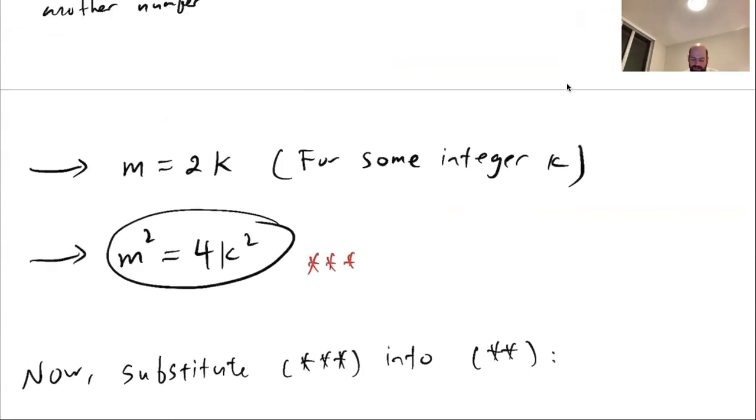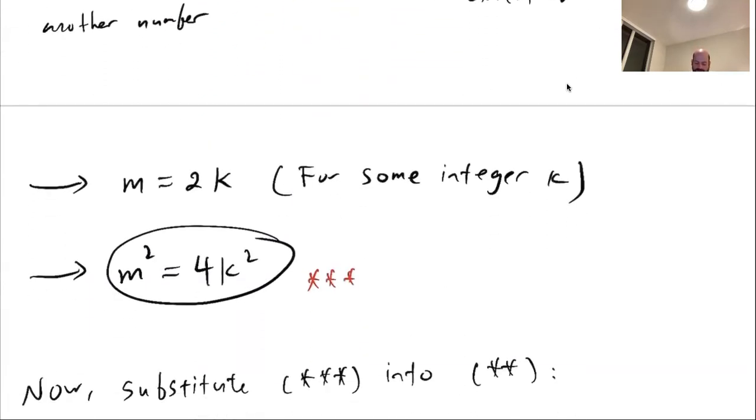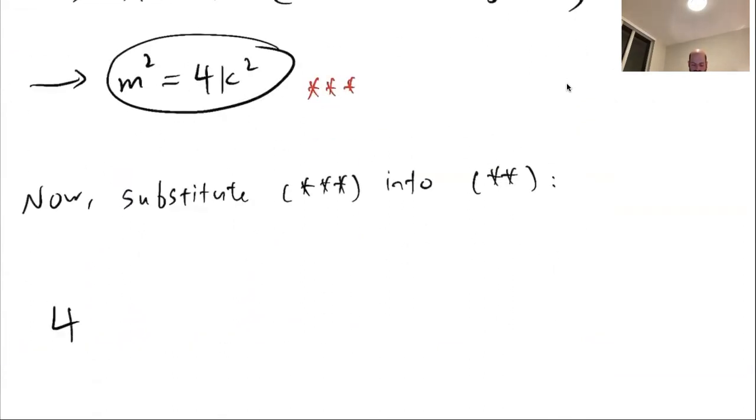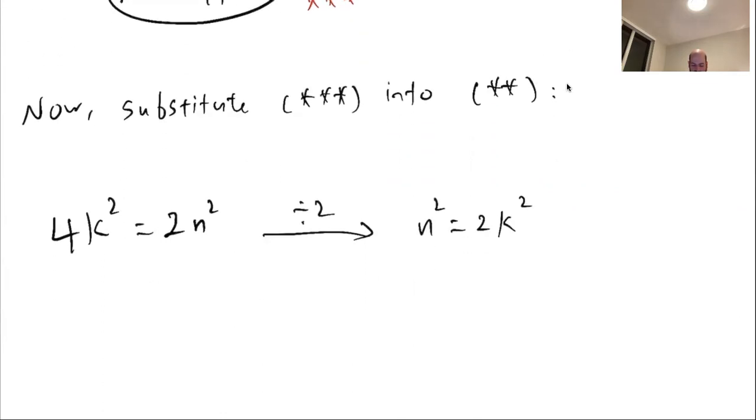And what do I get? M squared is 2n squared and m squared is 4k squared. So that means 4k squared is equal to 2n squared. Now, if I divide both sides by 2, I get n squared equals 2k squared. And that means n squared is even.